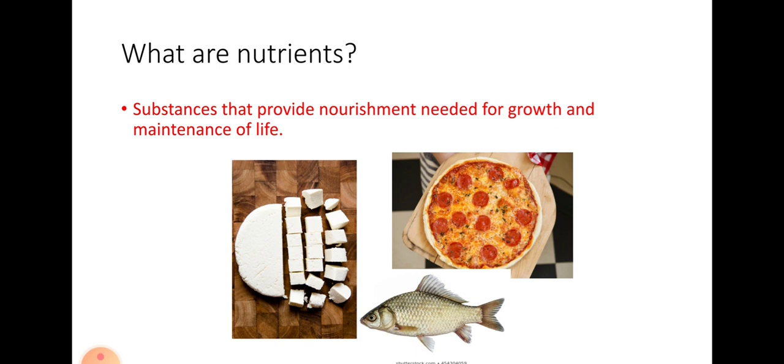You all like to eat pizza all the time, but it has hardly any nutrients, only fat. So substances that provide nourishment needed for the growth and maintenance of life are called nutrients, meaning carbohydrates, fats, vitamins, proteins.